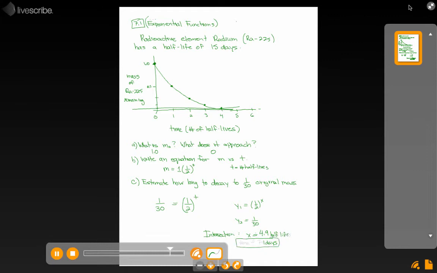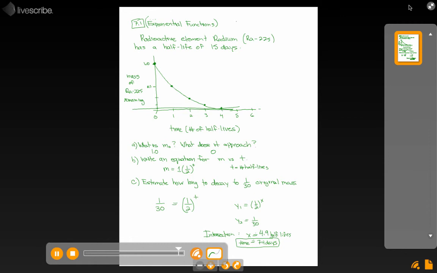So if we were asked something more specific than that, like how many days, we'd say, well, every half-life is 15 days, so 4.9 something times 15, and I end up with time is approximately 74 days. That's about how long this sample would take to decay to 1/30th of its original mass.